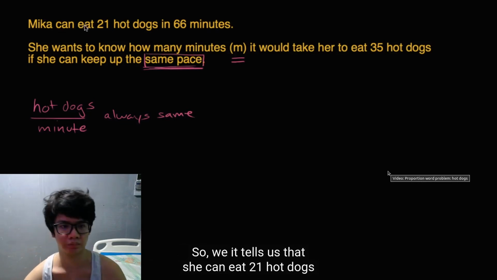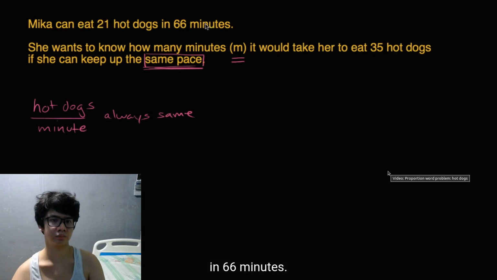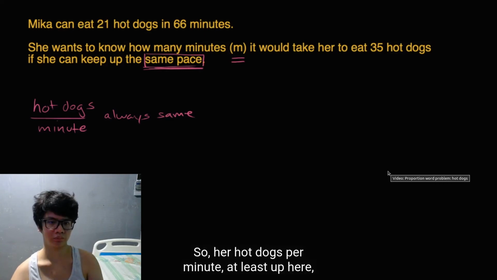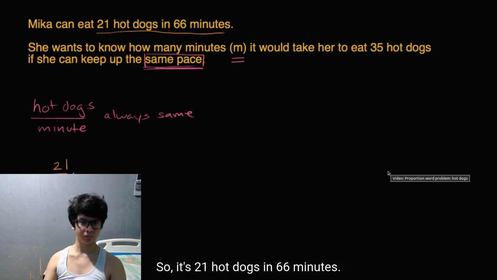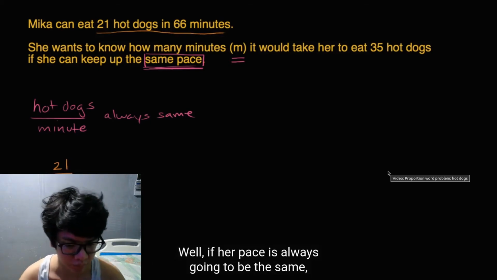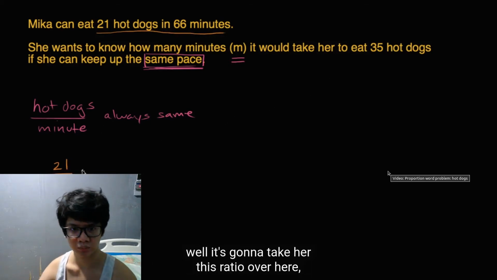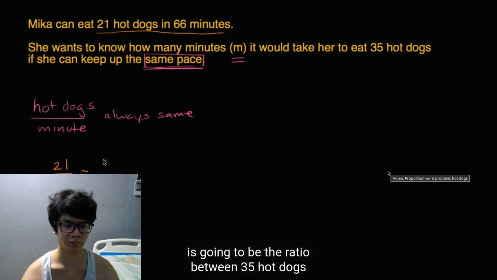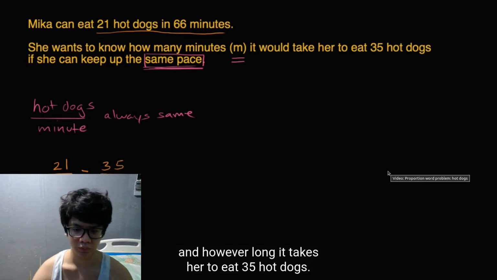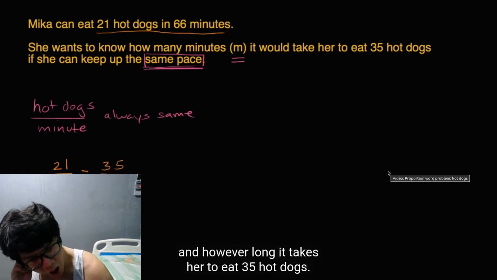So it tells us that she can eat 21 hot dogs in 66 minutes. So her hot dogs per minute is 21 hot dogs in 66 minutes. Well, if her pace is always going to be the same, this ratio over here is going to be the ratio between 35 hot dogs and however long it takes her to eat 35 hot dogs.